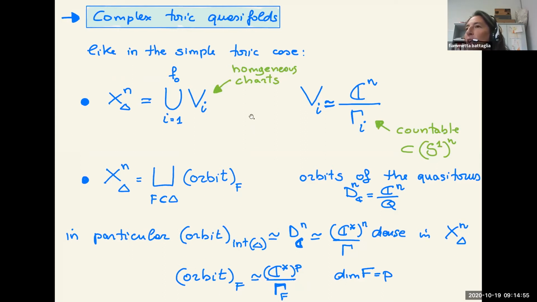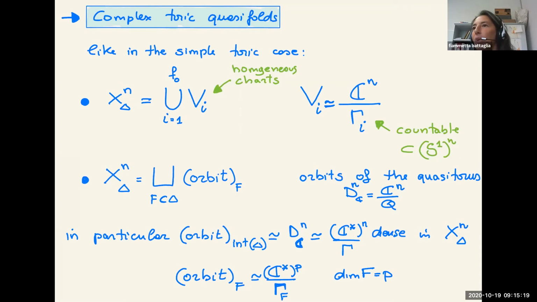So really we have the same kind of decomposition of our complex toric quasifold. We can see it really reflects the structure of what we have in the rational case.